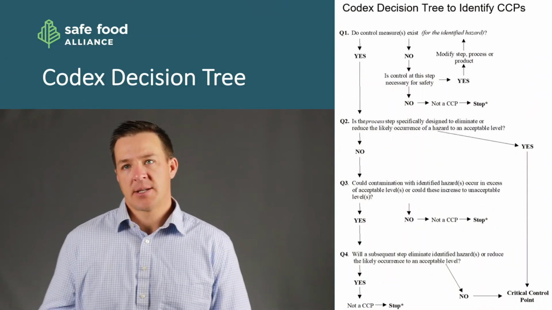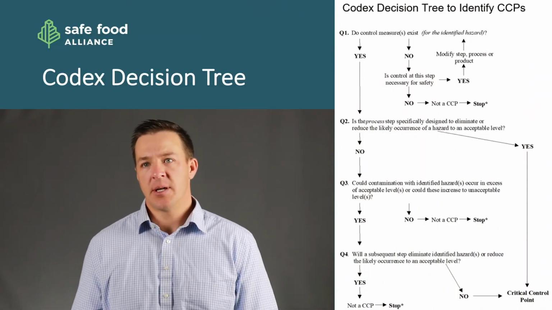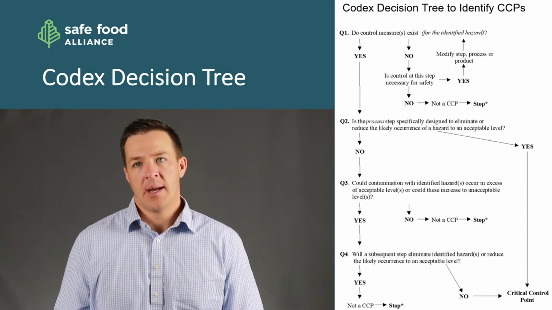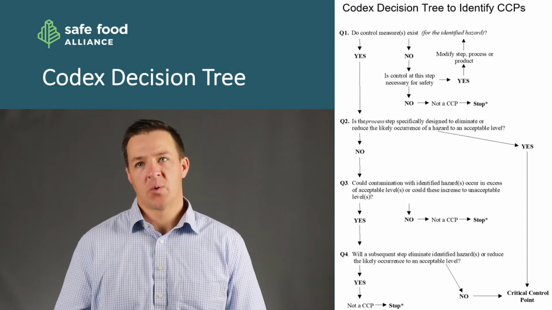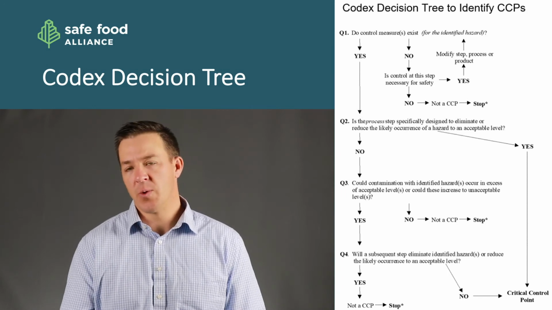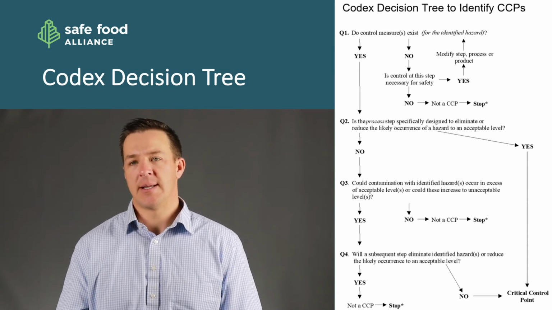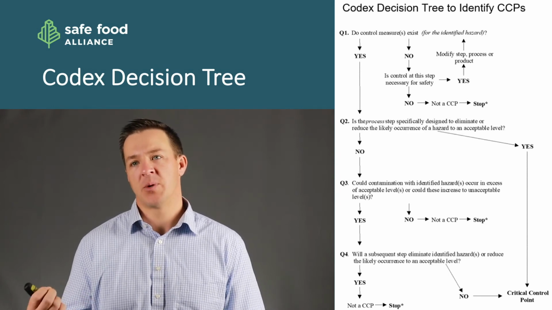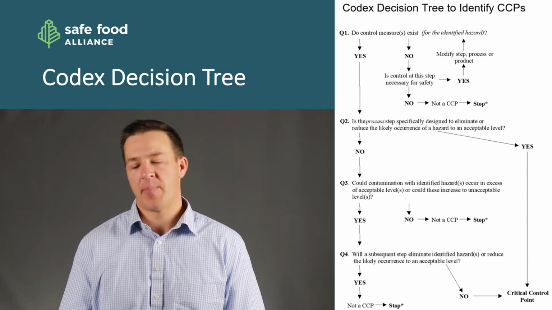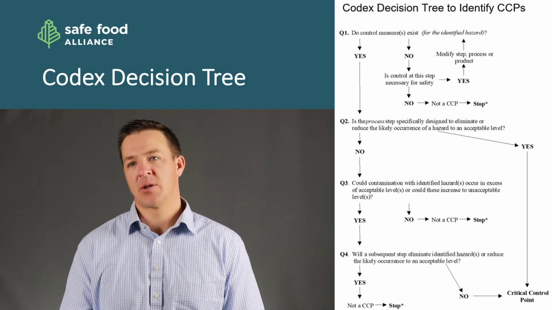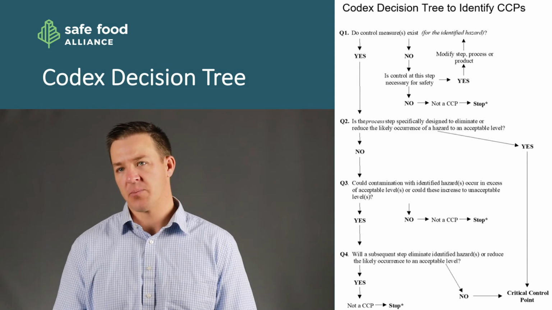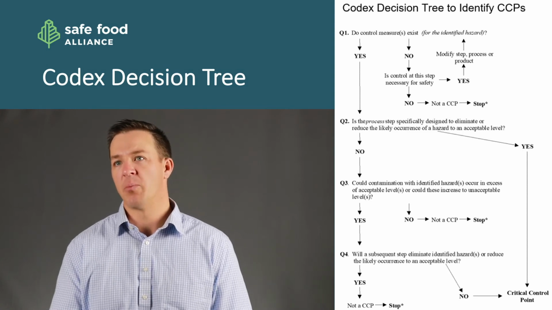So the Codex decision tree, as you can see here, is a set of 4 different questions. Each question, whether you answer yes or no, goes on to the next step in determining ultimately whether that particular step controlling that hazard is a critical control point or whether it's just a prerequisite program or simple control point.